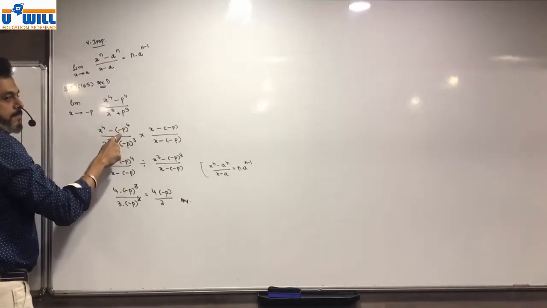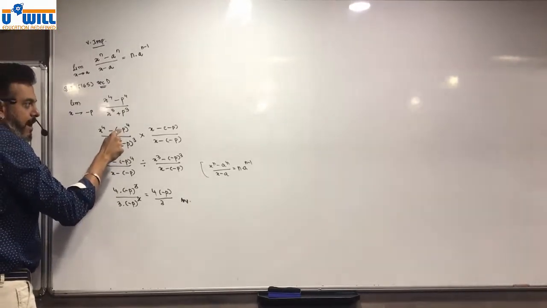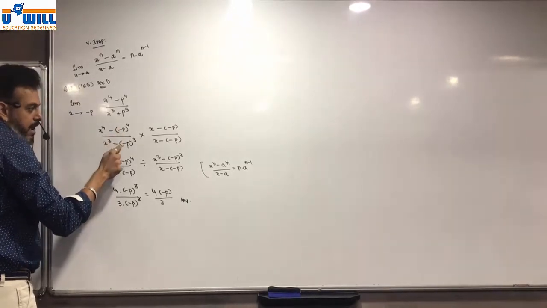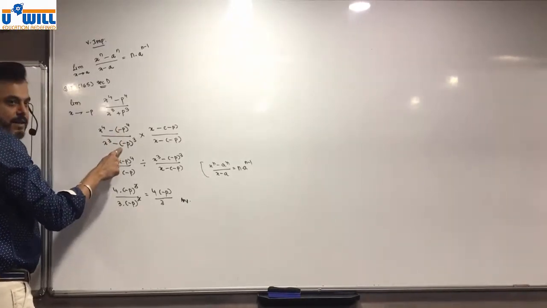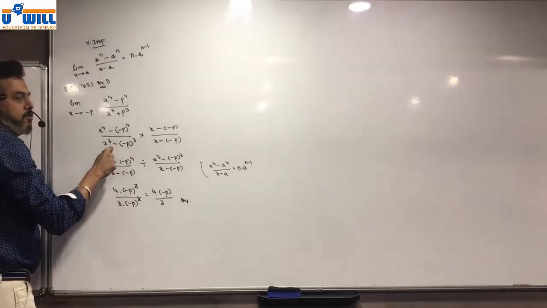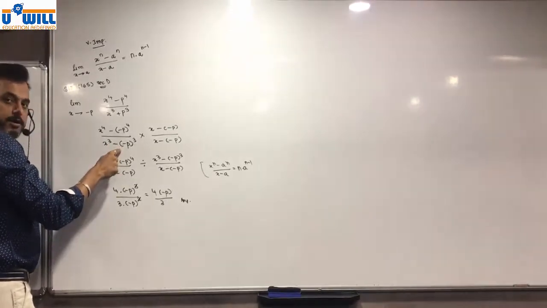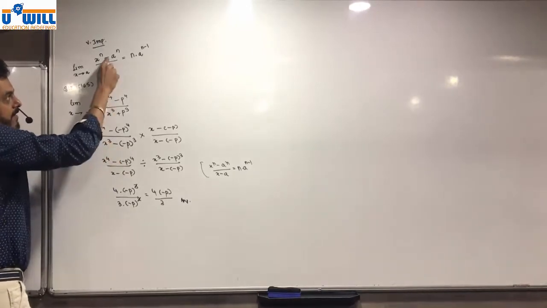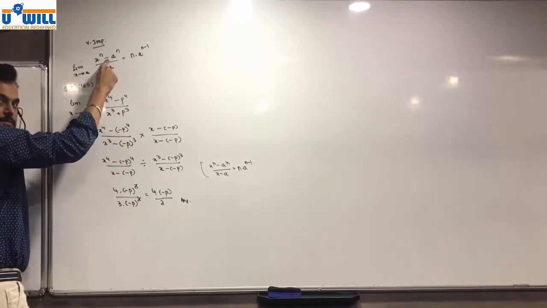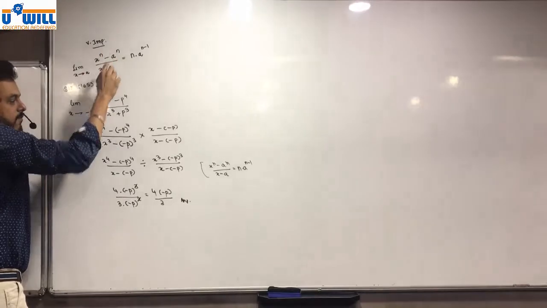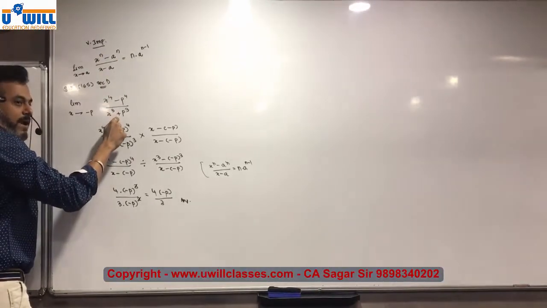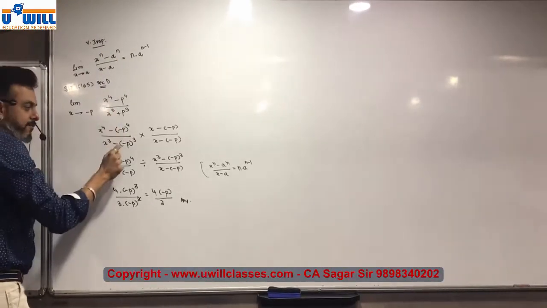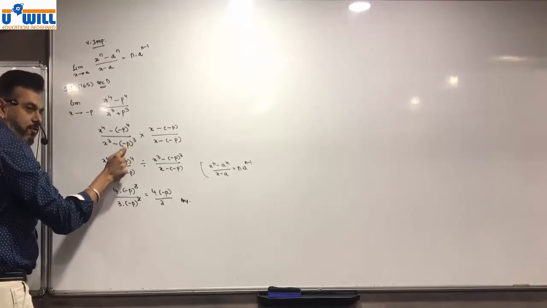Because if I don't take this minus p, then this plus will not come here. Got it? So it will not be similar. Understood this? Okay. So ultimately we want minus over here. That's our ultimate goal. So if this is positive, we have to make it negative. That is why we took minus p raised to 3 over here.